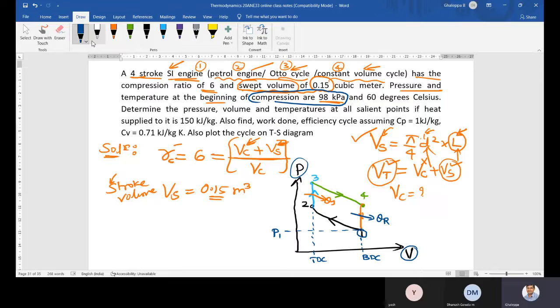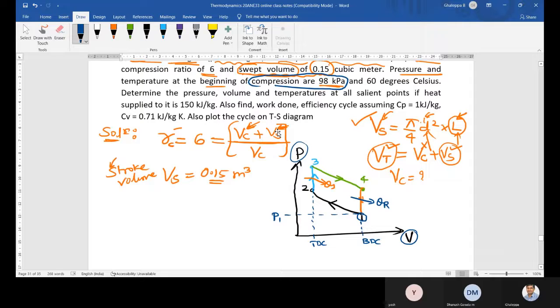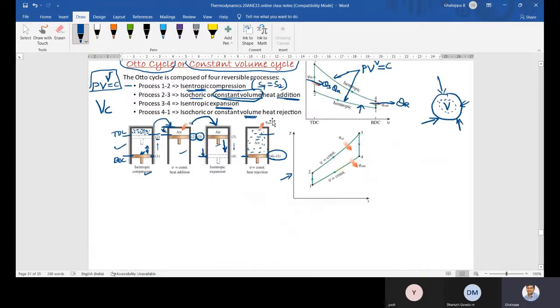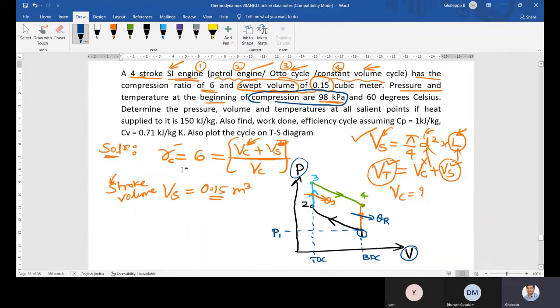Which point is the beginning of compression? Where does the cycle start? Point number 1 is at BDC. The piston is moving from BDC to TDC, which is the compression stroke, and the gases are compressed. The process is isentropic compression. So point number 1 is the beginning of compression.